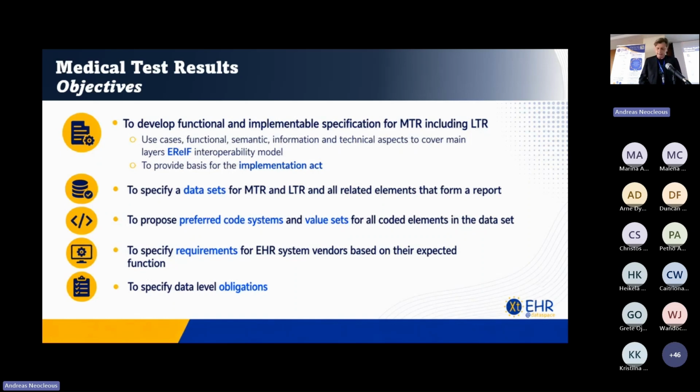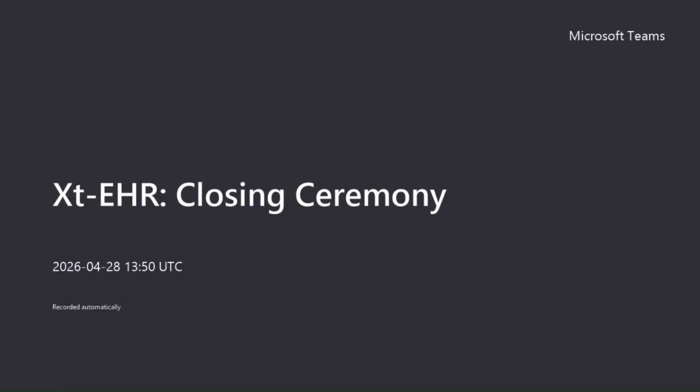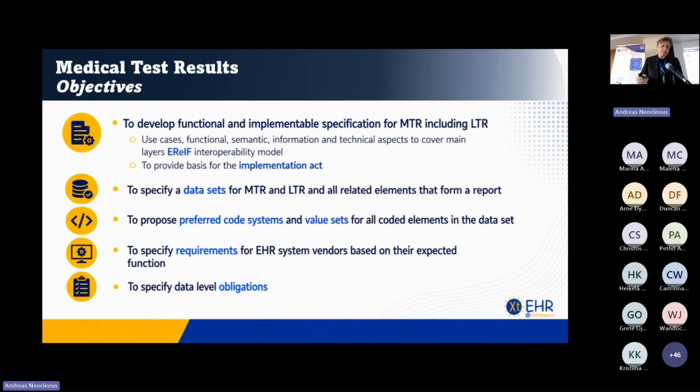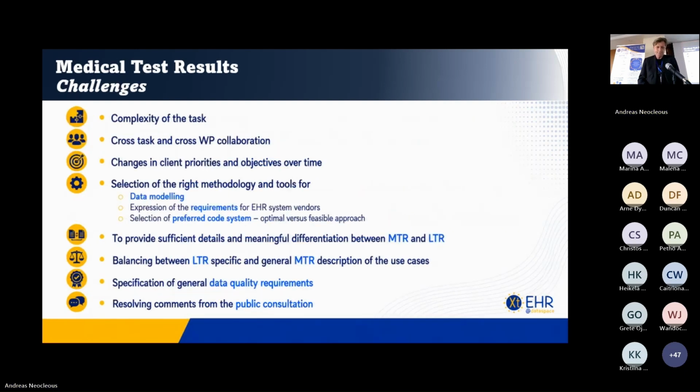The major focus was, of course, on the data set, and also, which has been mentioned here several times, including preferred code systems and value sets for the implementations, and also the testable requirements, expressed in our case in two different forms. One was a functional requirement, and then the data level obligations.